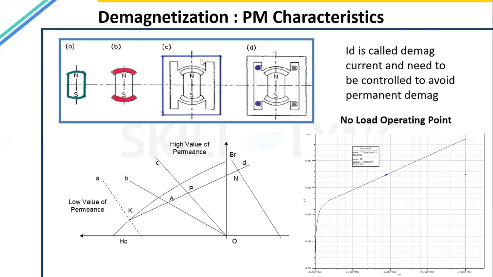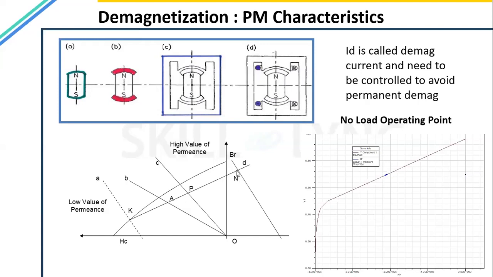This frame outside is a high permeable steel, and then there are some coils here, where we also create some field due to the current, which demagnetizes this magnet. So the demagnetization starts happening when we start creating such field.